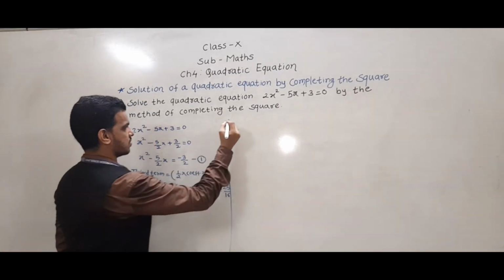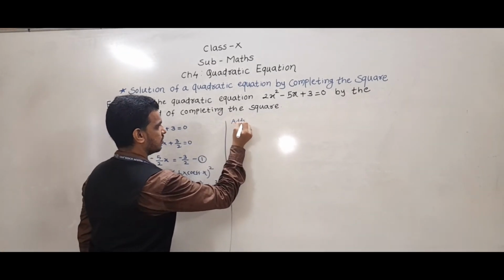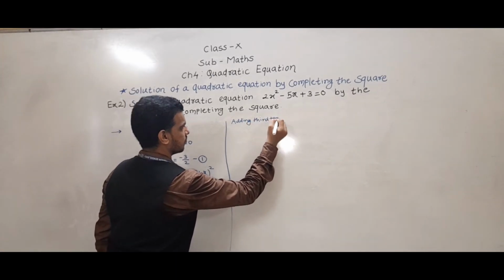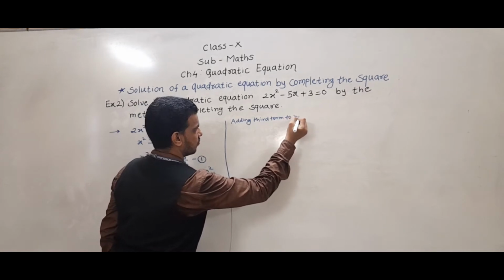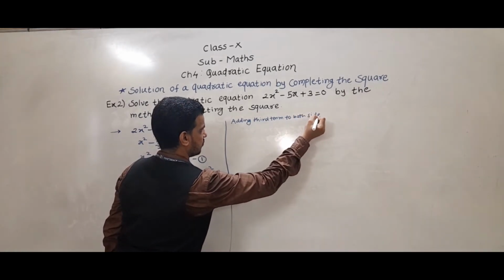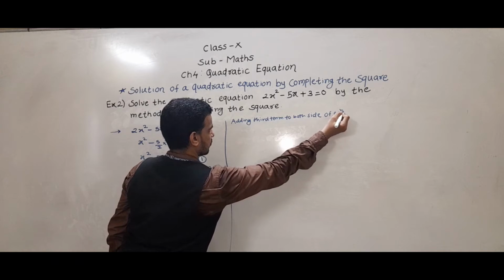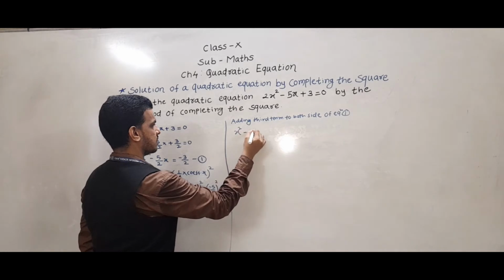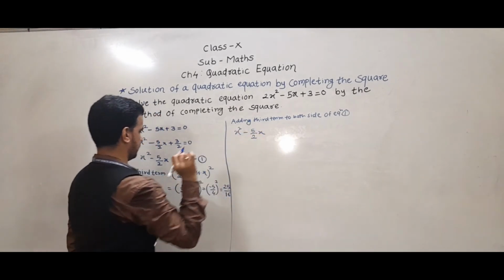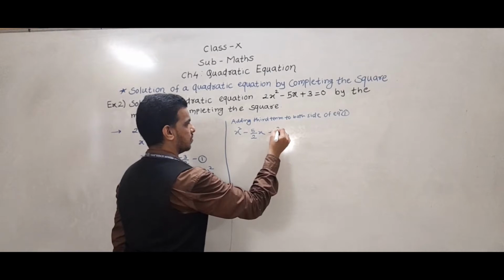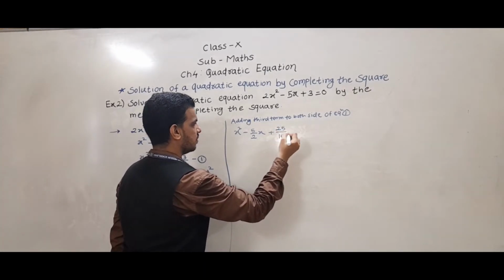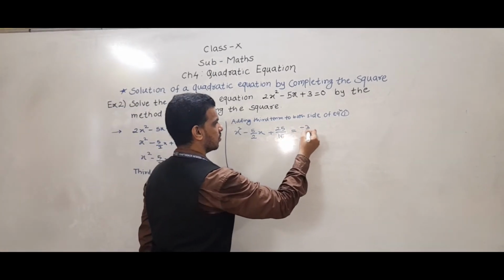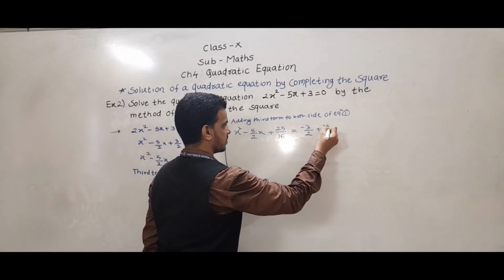So if we add this, adding the third term to both sides of equation 1, x square minus 5 by 2 x plus 25 by 16 is equal to minus 3 by 2 plus 25 by 16.